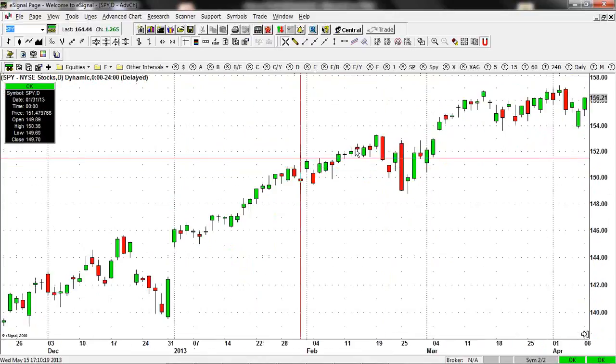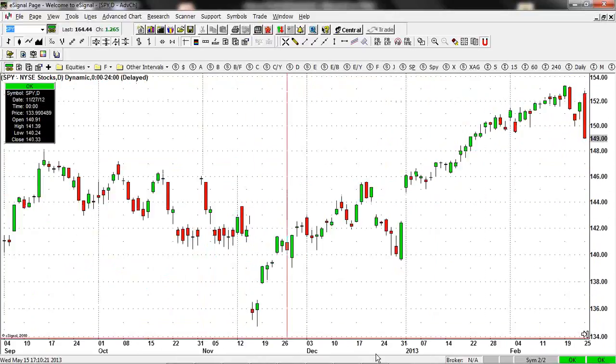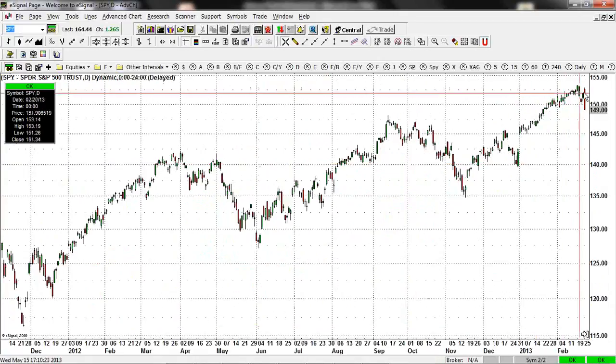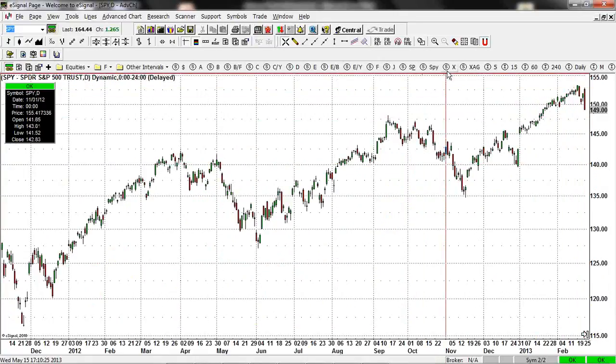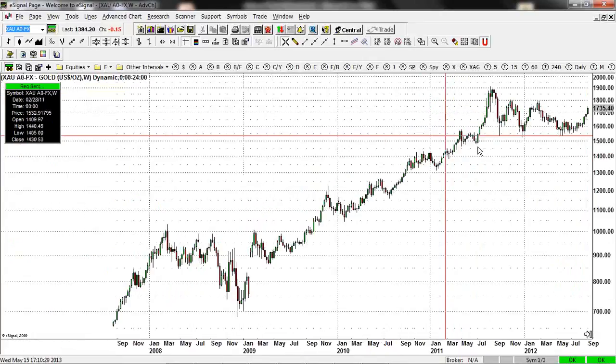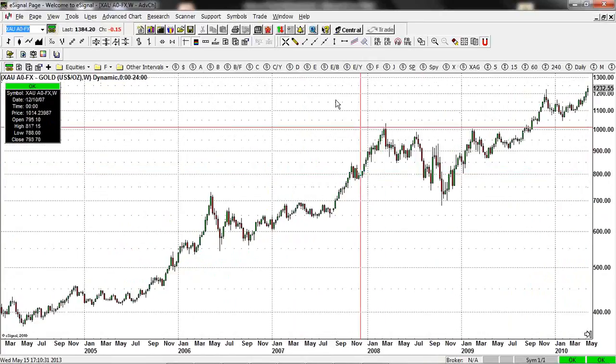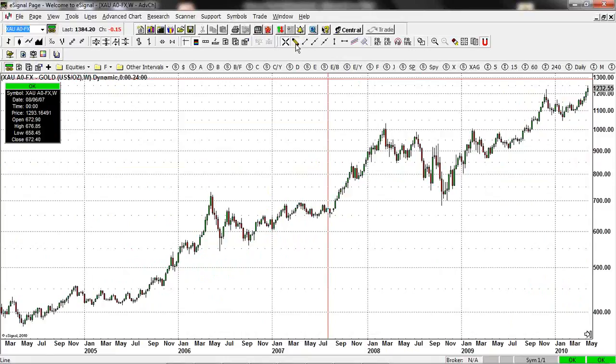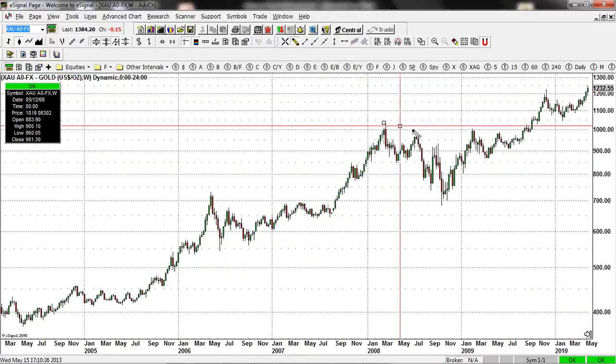Another type of trade is what we call a triangular consolidation. And let me just use the example of gold.